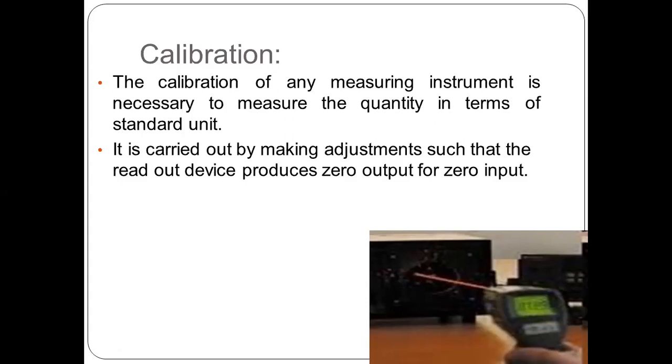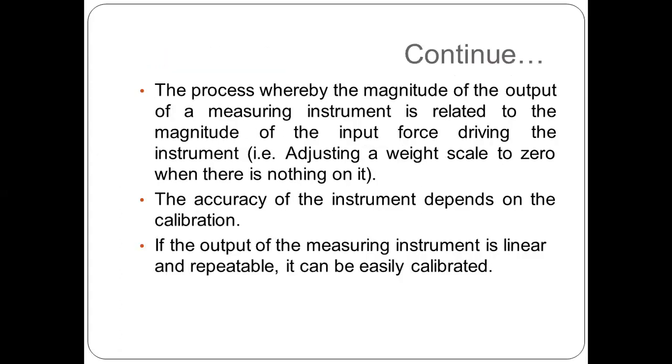Here one example is given. Calibration is the process whereby the magnitude of the output of a measuring instrument is related to the magnitude of the input force driven to the instrument. For our purpose, we are not going to measure the actual reading. We just calibrate things by adjusting the value as per our requirement.